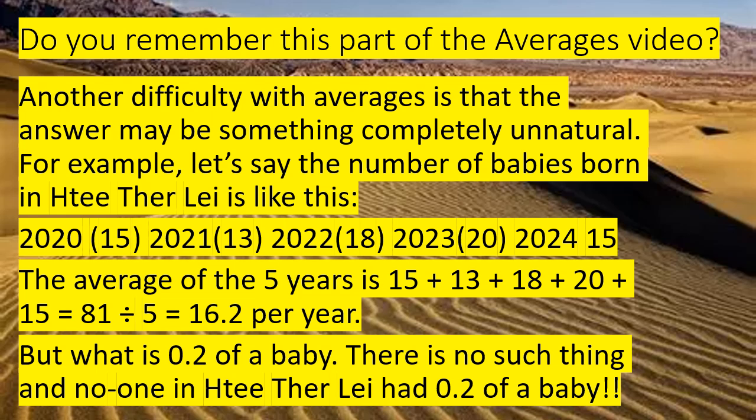So you make the average of the 5 years, 15 plus 13 plus 18 plus 20 plus 15, which equals 81. Divide by 5 for the 5 years, and that gives you a figure of 16.2 babies per year. But what is 0.2 of a baby? There's no such thing, and no one in Titale had 0.2 of a baby.